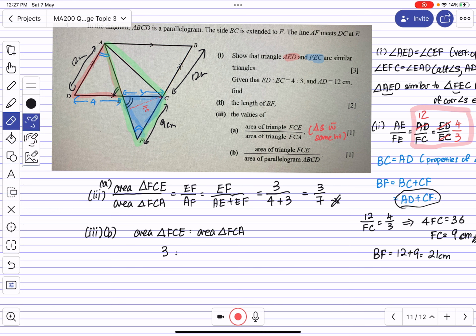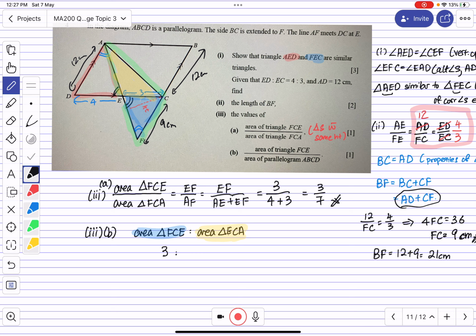Not FCA, ECA, my bad. Do note that ECA is over here. Let me put it in yellow. ECA is in yellow, and FCE is in blue.